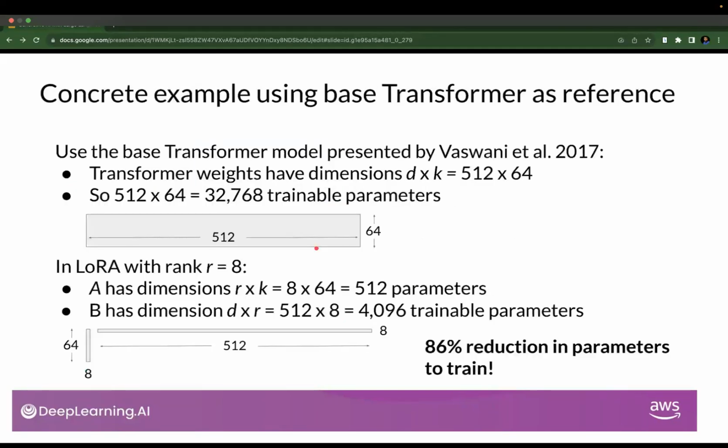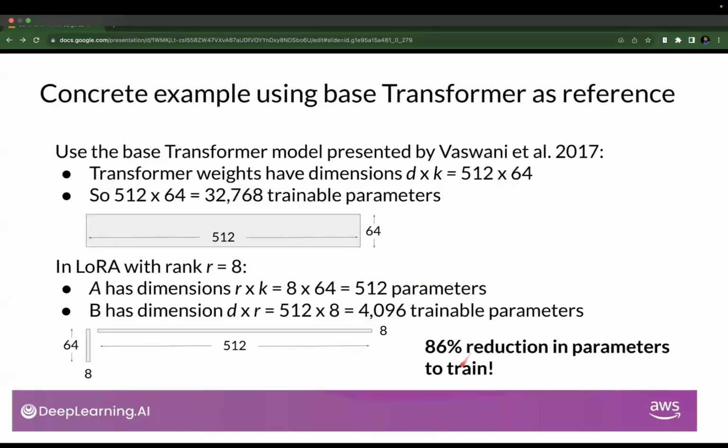As a calculation, let's say the original LLM had transformer weights of dimension 512 by 64, which means it had 32,700 parameters. If we use a low rank of 8 and we train two matrices A and B, which have dimensions 8 by 64 and 512 by 8 respectively, we end up training about 4,600 parameters.